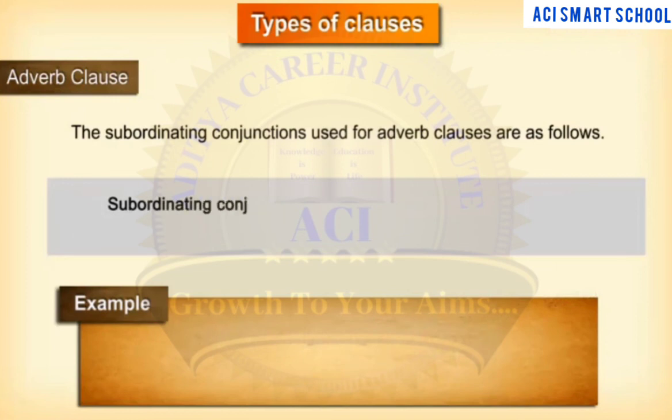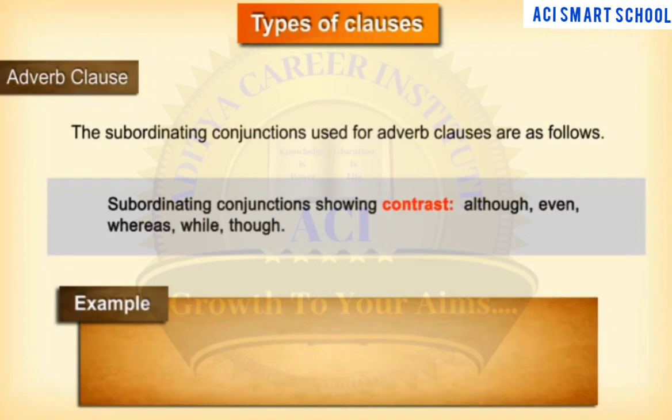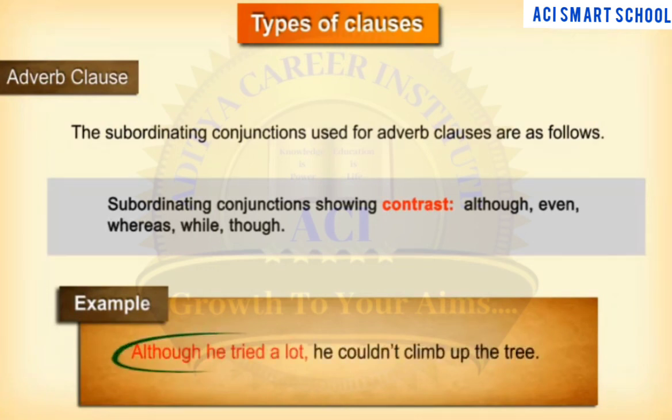Subordinating conjunctions showing contrast: although, even, whereas, while, though. For example, although he tried a lot, he couldn't climb up the tree. The adverbial clause although he tried a lot has a subordinating conjunction showing contrast.